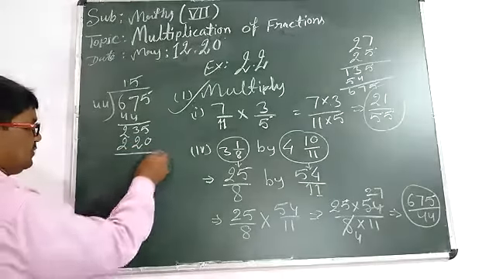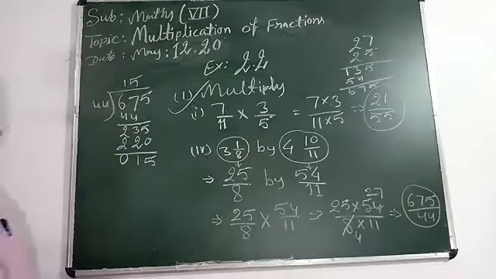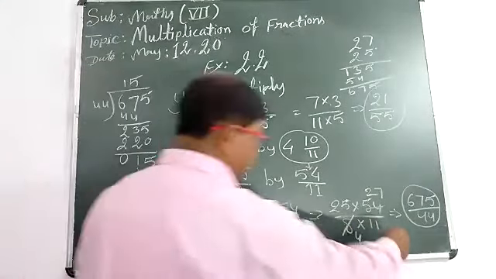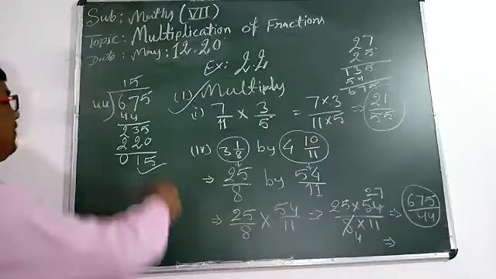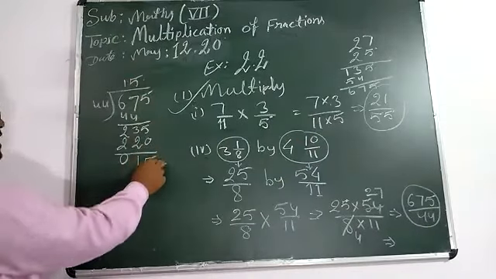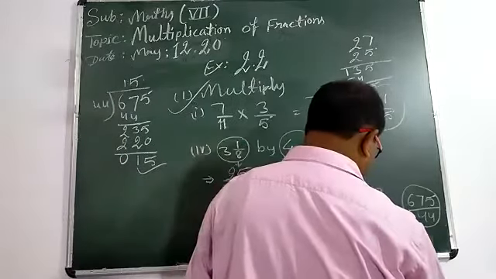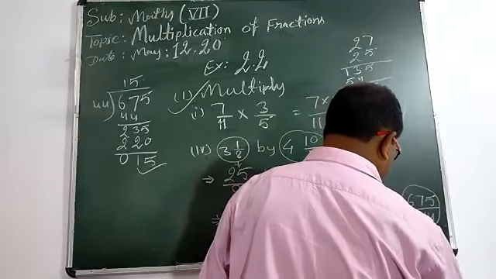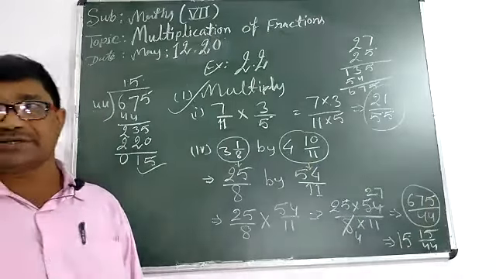Now 5, 1, 0. So student, 15 is remainder now. And we should write this in its mixed fraction form. Whole number 15, 15 upon 44. That is your product.